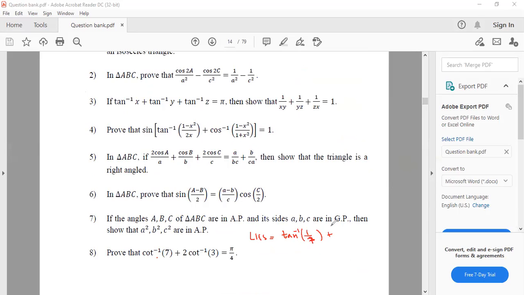And 2 cot inverse, first do these two, or any one of them. So tan inverse 1 upon 3, right? Yes, 1 by 3. Can you do it? So can I give you this as homework? You can continue that, and after that you should get both.